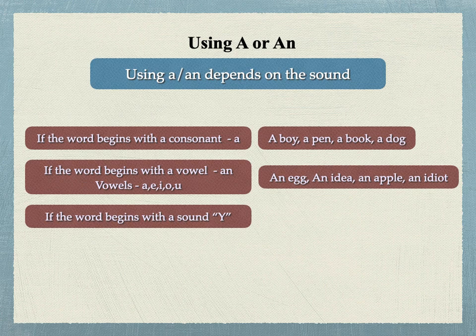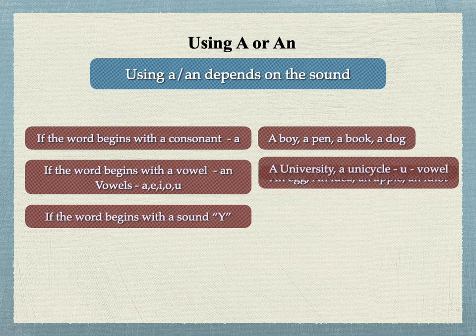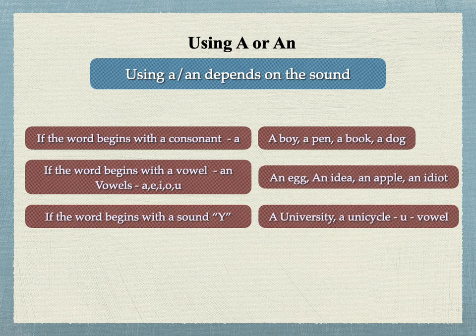If the word begins with a Y sound, now just have a look at this: a university. Now, in the second sentence, we learned that if it begins with a vowel, you have to use an.